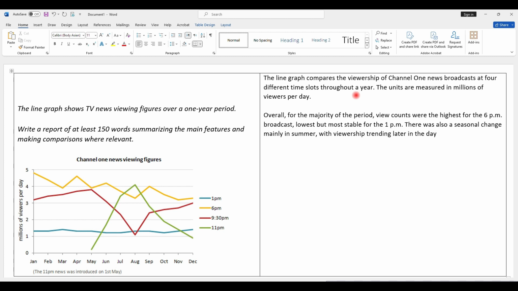So later in the day with the introduction of the 11 p.m. time slot.